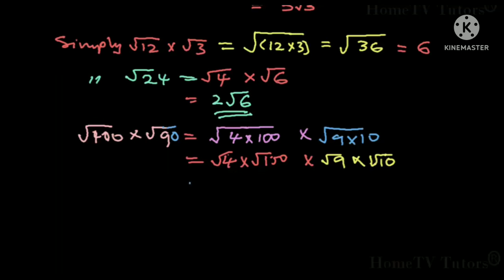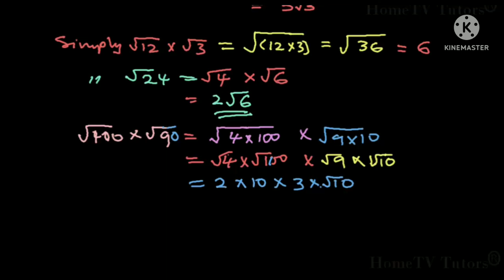So we'll simplify further. Square root 4 being a perfect square is 2. Square root of 100 is 10. Then the square root of 9, a perfect square, is 3. Square root 10 is a surd, so we'll leave it as square root 10.